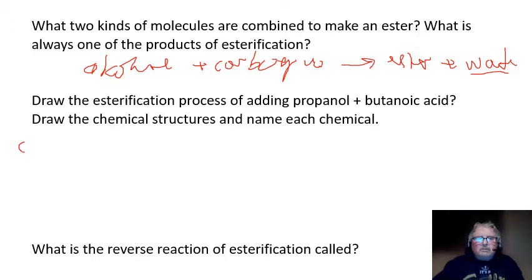So propanol is 3 carbons, OH. Okay, and you have butanoic acid. So that's 4 carbons. Whoops. I want to draw it kind of backwards here.